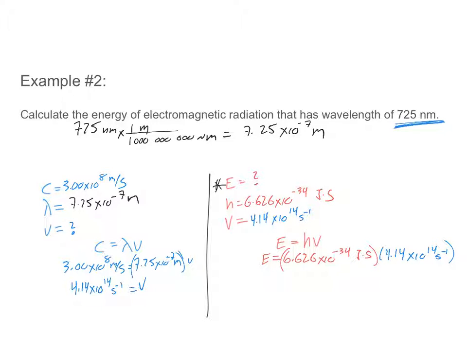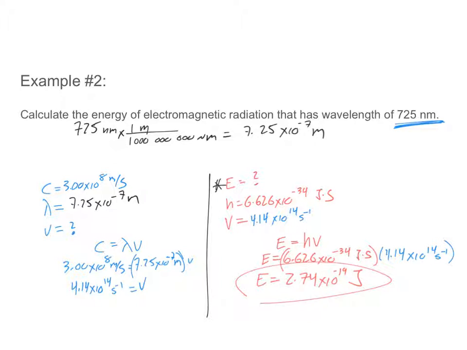In this case, seconds cancels out, and it gives me a value of the energy in the unit of joules, which in this case is 2.74 times 10 to the negative 19 joules. So the energy of the electromagnetic radiation, in this case, of a wavelength of 725 nanometers, seems to be pretty small. But that's the type of calculation you're going to be expected to be able to do.